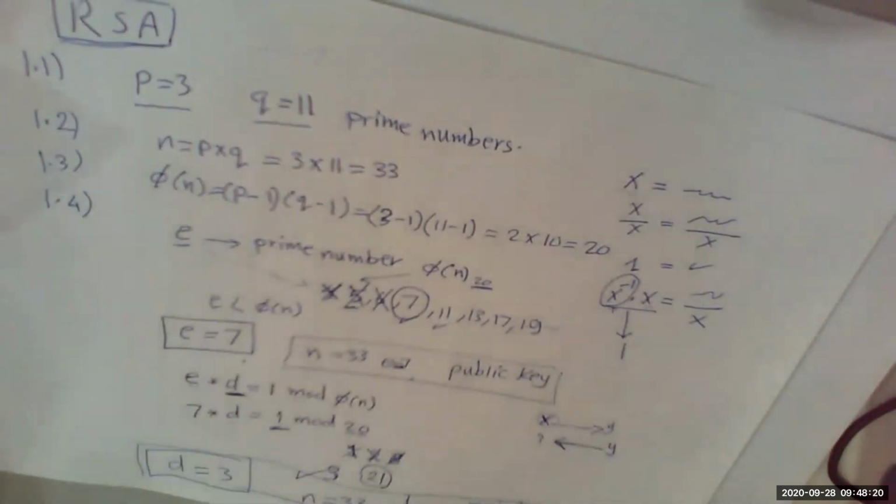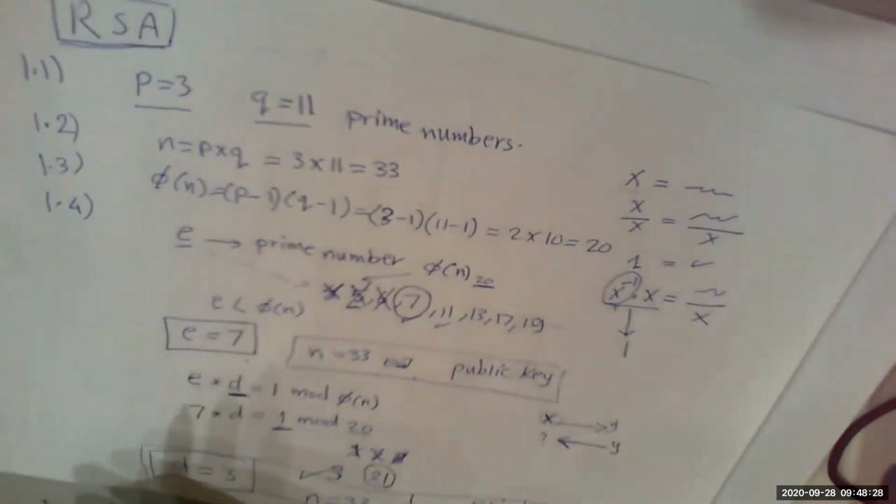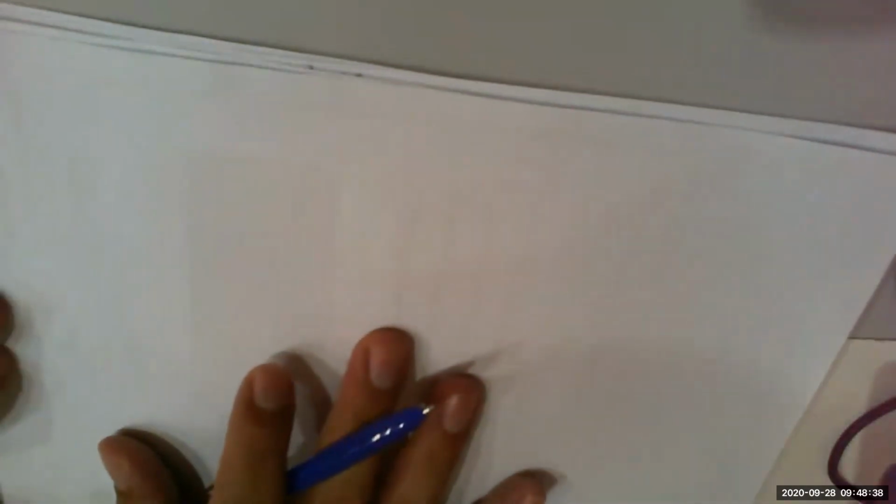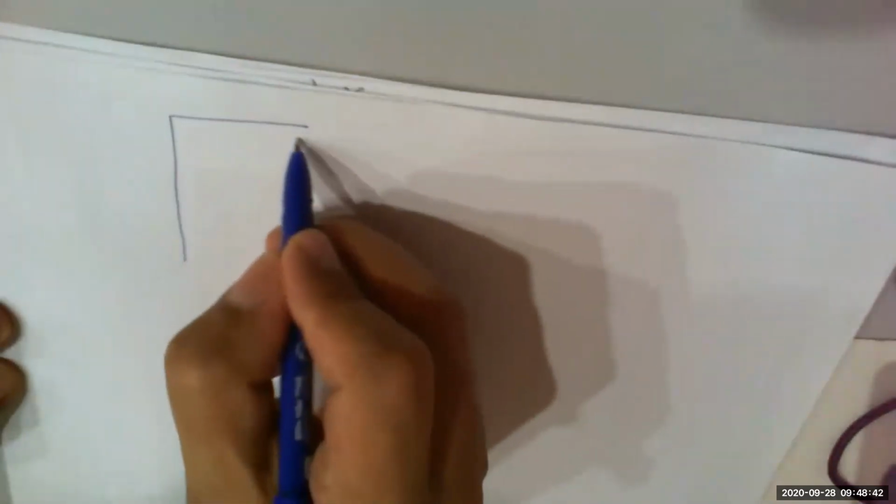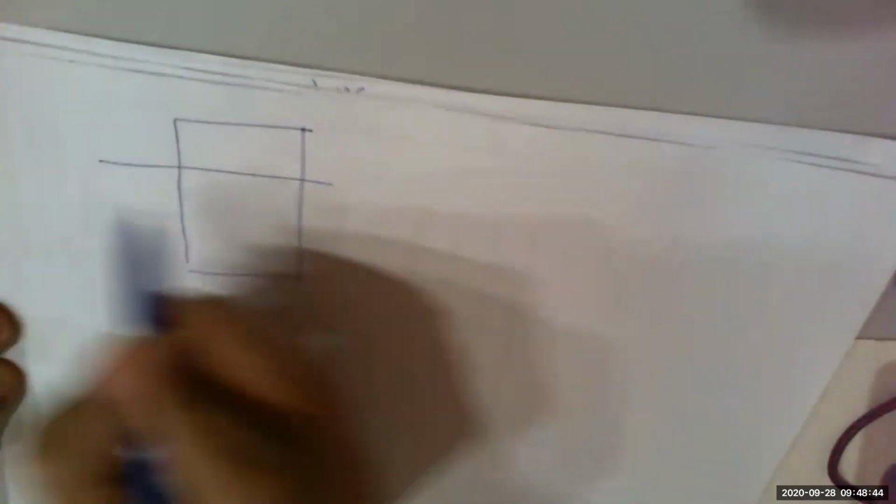And now I will take a working example to show you how to use the private and public keys of Alice and Bob to make encryption and decryption. For example, this is Alice.